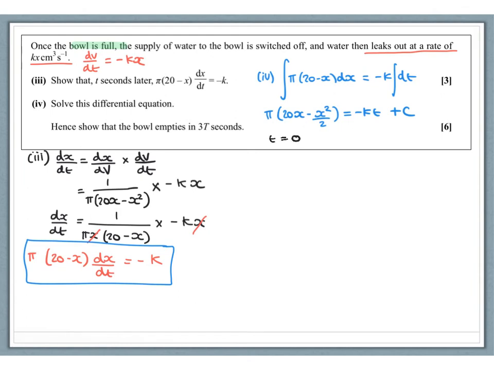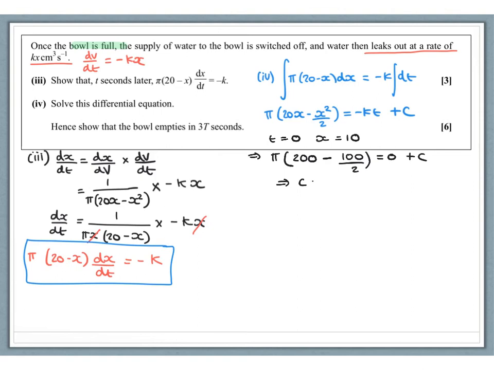At this point, x is equal to 10 because the bowl is full, so the radius of the water is the radius of the bowl, which is 10. So substituting in this information gives us π(200 minus 100 over 2) equals 0 plus c.